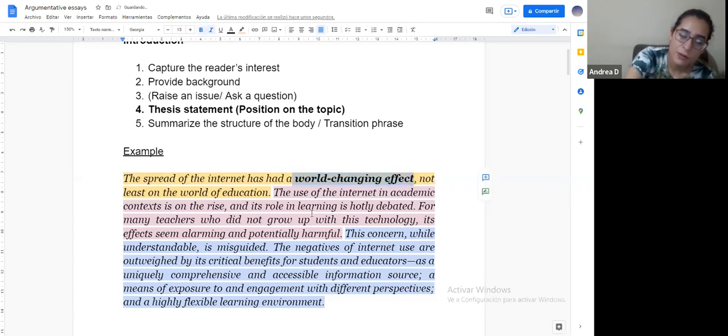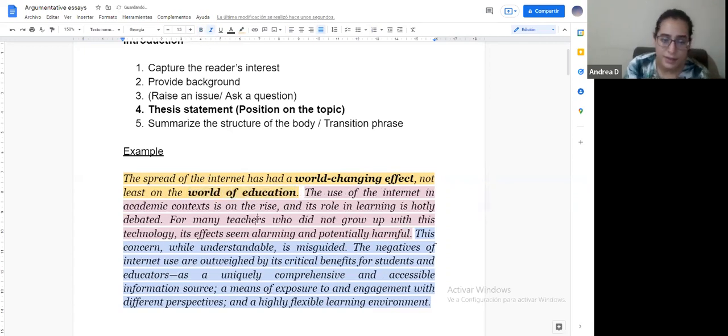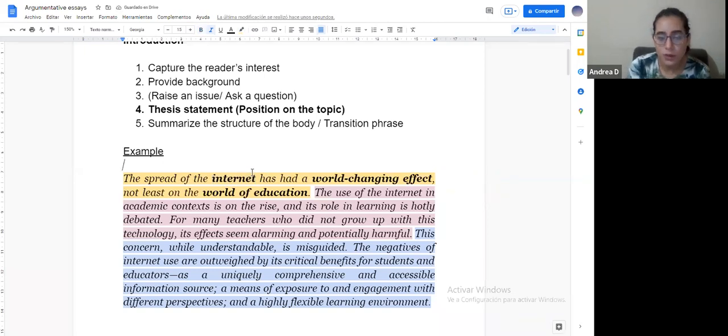That's a hyperbole, an exaggeration. Not least on the world of education. And that's also giving you context on what the essay is about. So it's about the effect of the internet upon education. So in the first sentence, you're just trying to show what the essay is going to be about, and also capture the reader's interest. So what's the effect of the internet in the world of education?